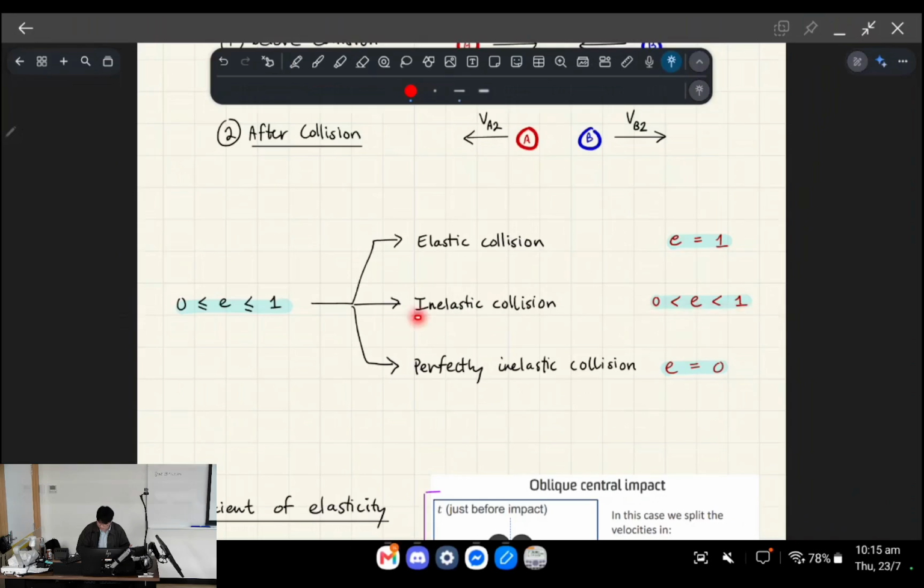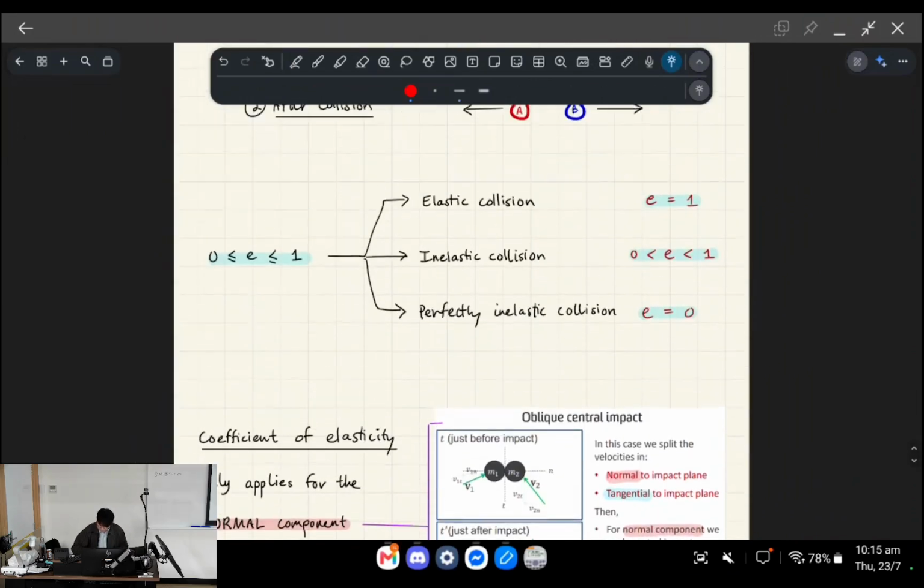Okay, so you've got an inelastic collision, and that's a range of values. That's when E is between 0 and 1, exclusive. And this just means part of the momentum is conserved after the collision. A perfectly inelastic collision is one where the objects end up getting glued together and moved together in the end.